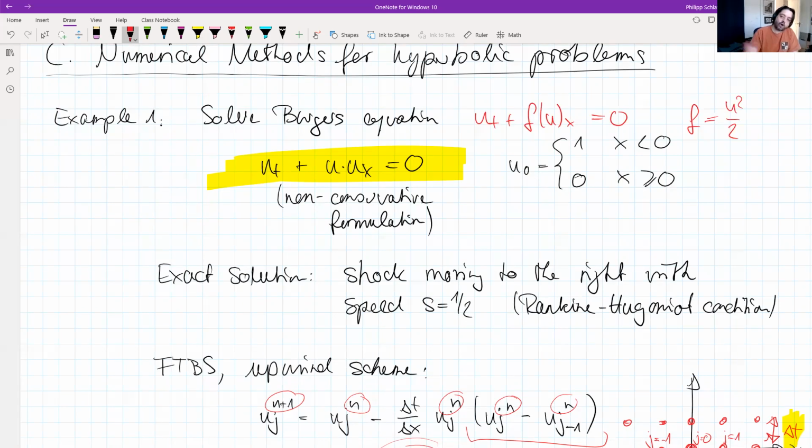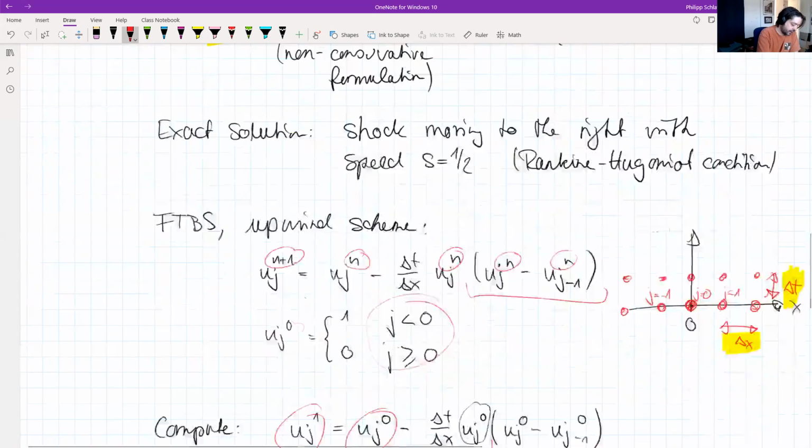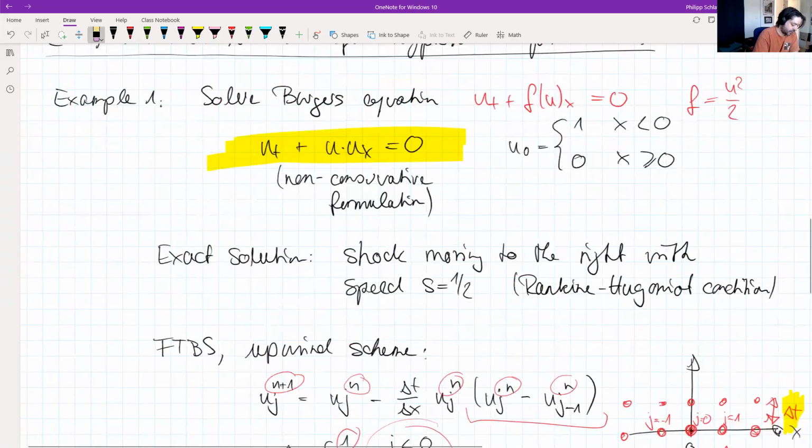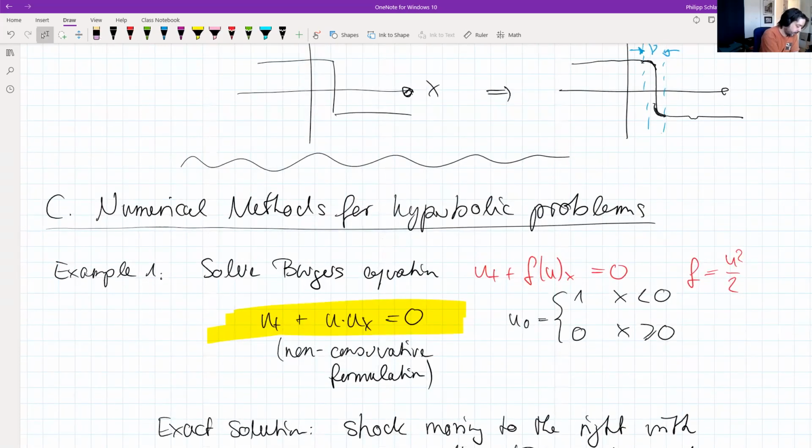So that means on the left side, where the solution is 1, there my flux, actually maybe I should not write it here, I should rather write it where I wrote the initial condition. Let me move this a little bit up.